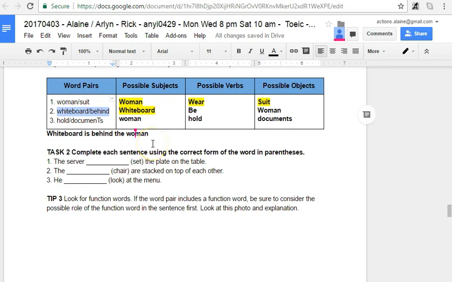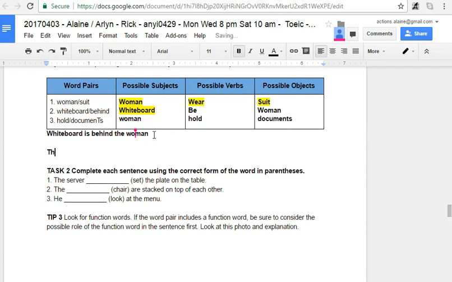Then, whiteboard and behind doesn't mean that we have to follow it as it is. That is the reason why I want you to be creative and construct the English sentence first. Whiteboard is behind the woman is grammatically incorrect. However, if we say the woman is standing behind the whiteboard, would you think this is correct?